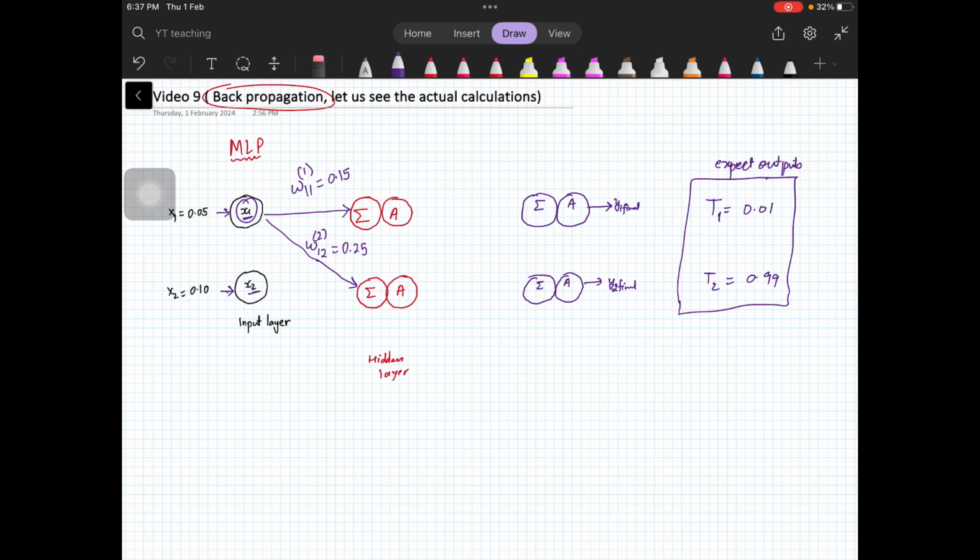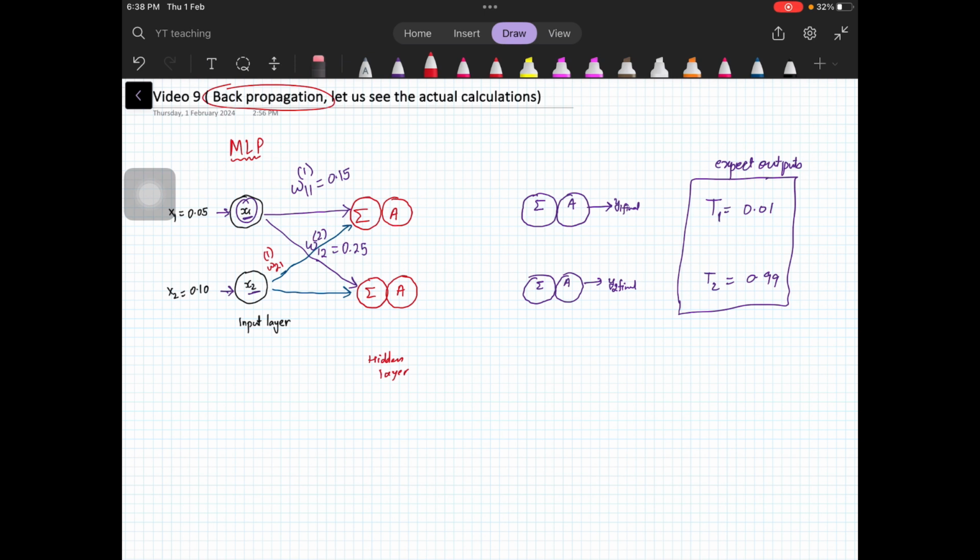Then from the second input, here you will go, and here you will go. Here you will have your weights w, because you are going from 2 to 1. Again this is the first layer.